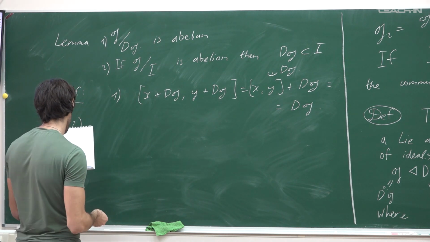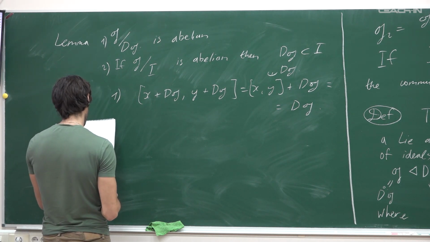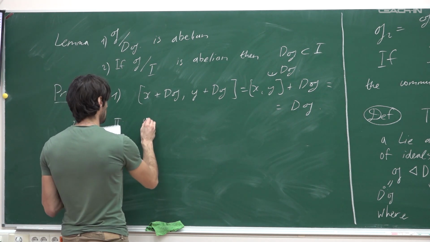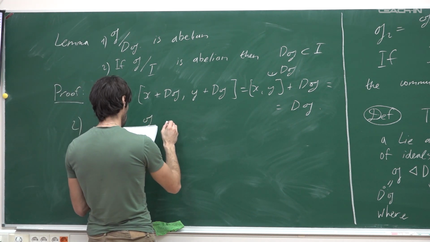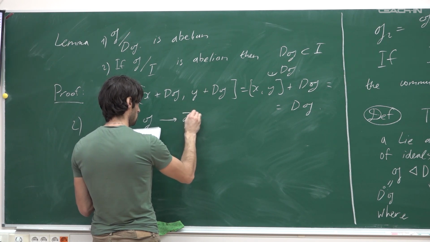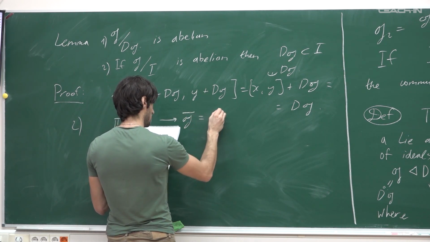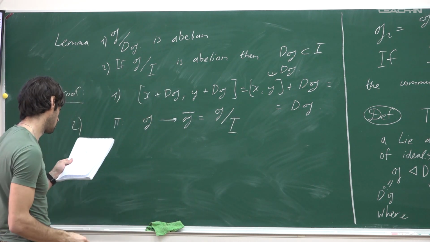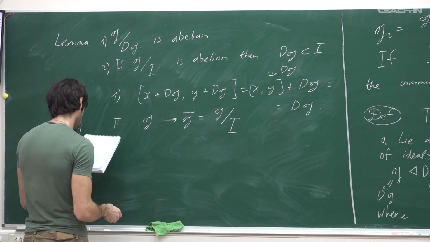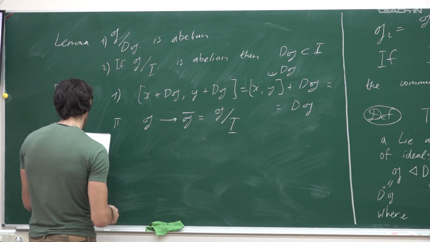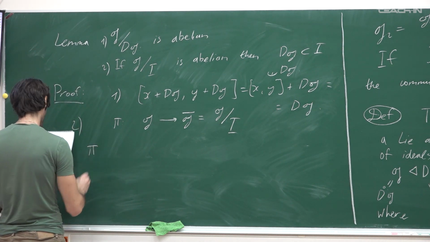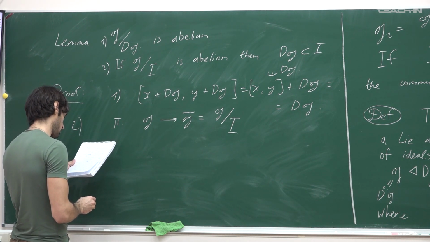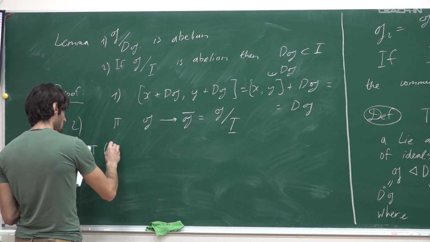Second, to prove the second part, let me denote by pi the canonical projection from G to G bar, which is just notation for G over I. So we have pi of DG.